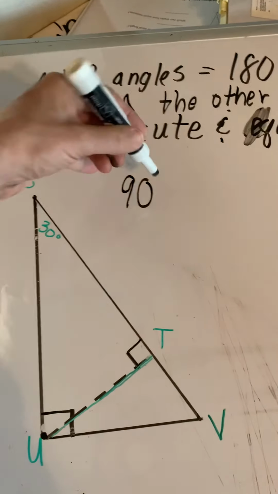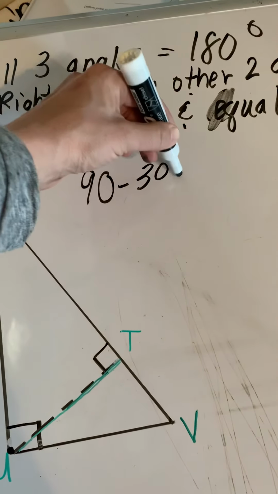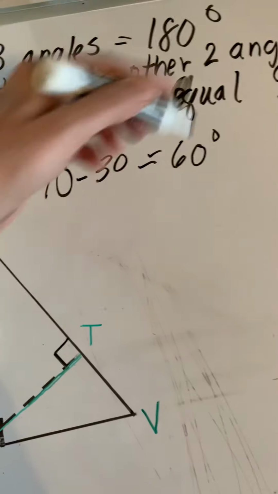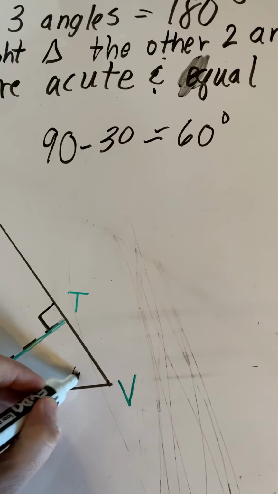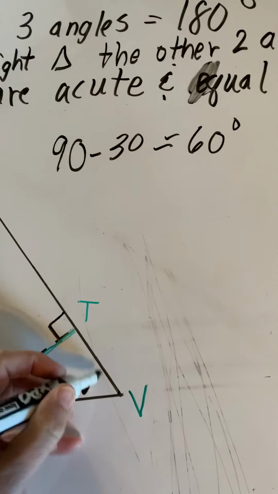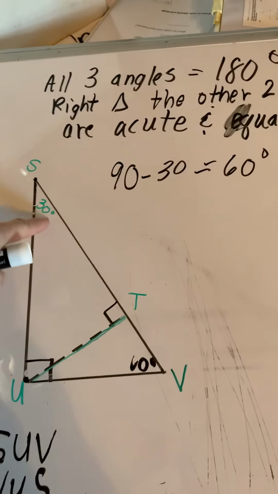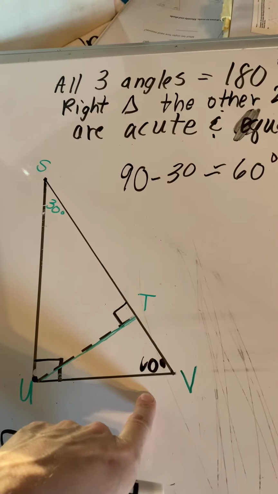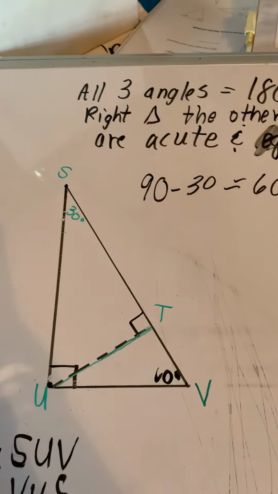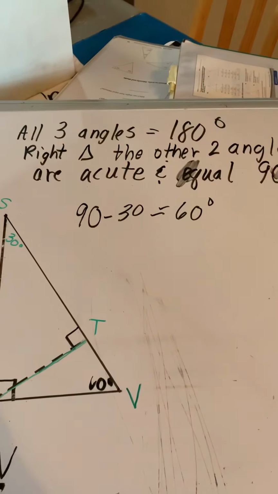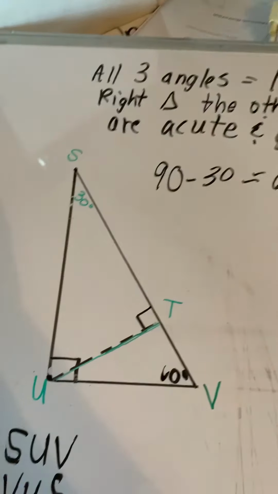So we can take 90 and subtract 30, and we'd get 60 degrees for this angle V over here, or angle UVS. So this would be 60 degrees, right? Because 30 plus 60 is 90, and 90 plus 90 is 180. So that would equal 180 degrees, which we said over here is true, okay?